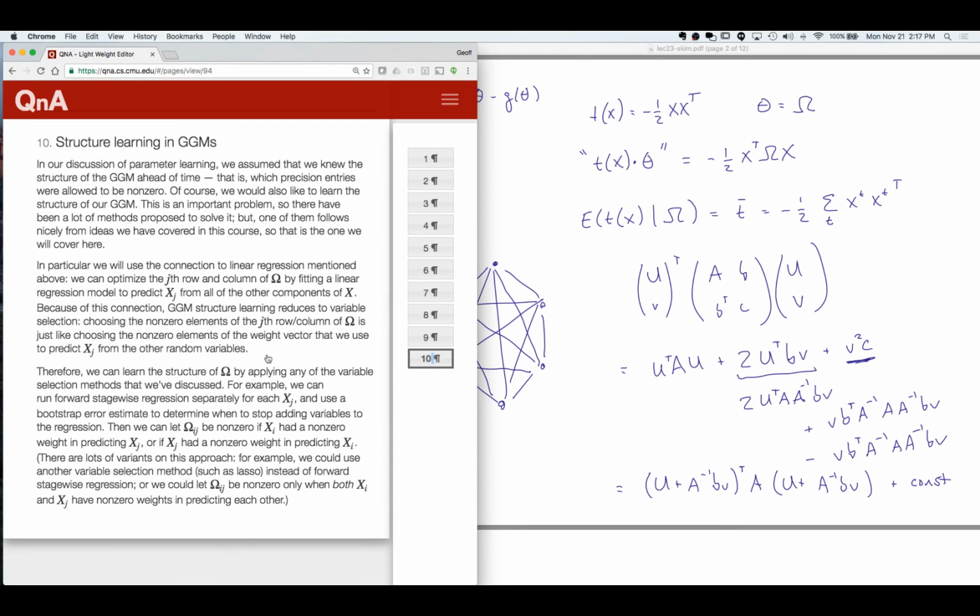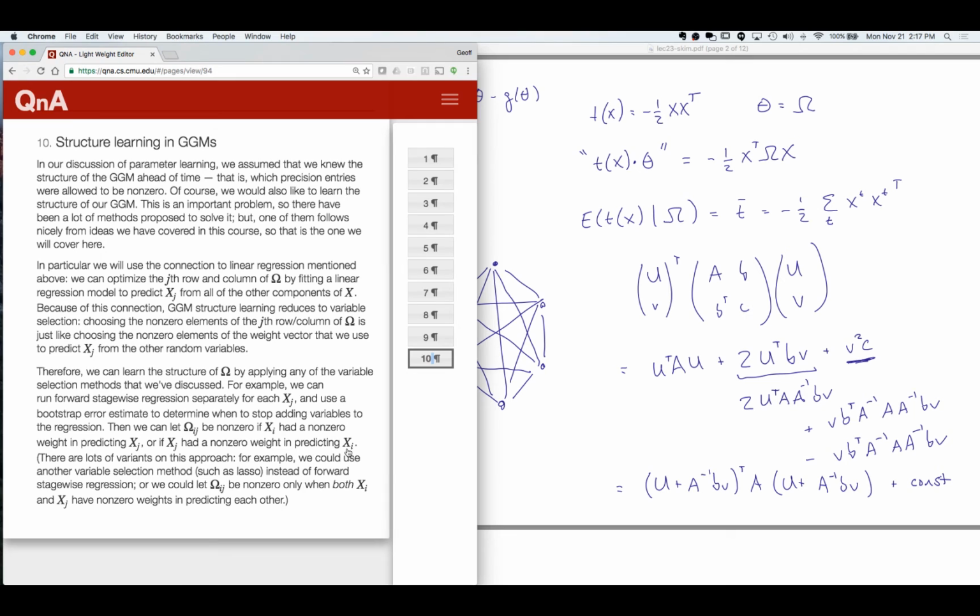And then we use the non-zeros that we've learned to tell us the structure of omega. We let omega ij be non-zero either if xi had a non-zero weight in predicting xj, or if xj had a non-zero weight in predicting xi.